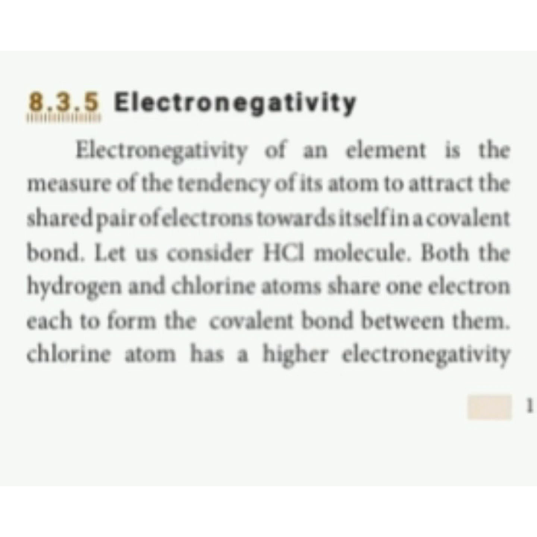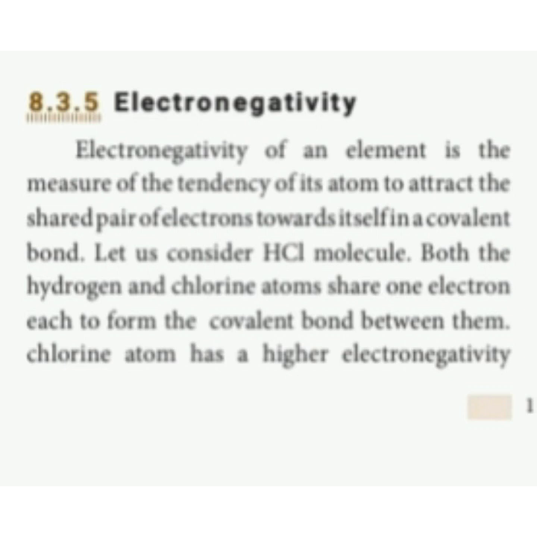So electronegativity is the tendency of an atom to attract the shared pair of electrons towards itself in a covalent bond. Consider the HCl molecule. Both the hydrogen and chlorine atoms share one electron each to form the covalent bond between them. But the chlorine atom has a higher electronegativity value. Hence, it pulls the shared electrons towards itself more strongly than hydrogen.